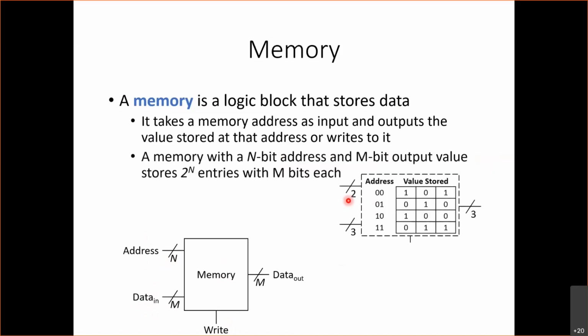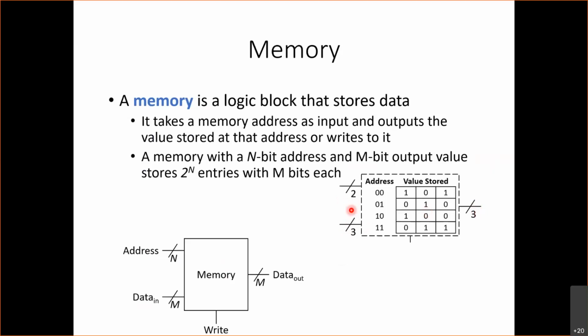Here, I have a memory that has 2 address bits and 3-bit values. If the memory has 2 address bits, it means it has 2 to the power 2 different address locations. And if it has 3-bit input and 3-bit output, that means it stores 3 bits at each address location.